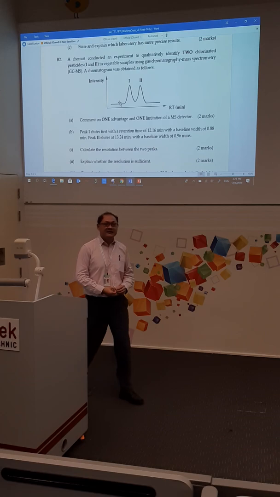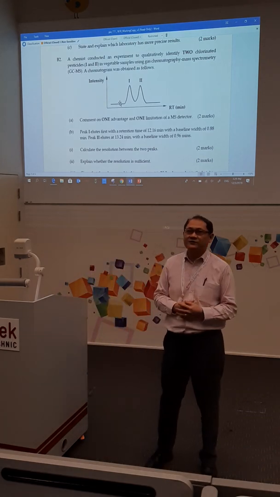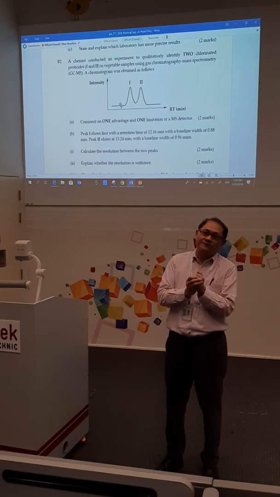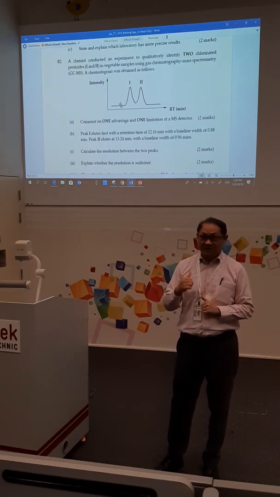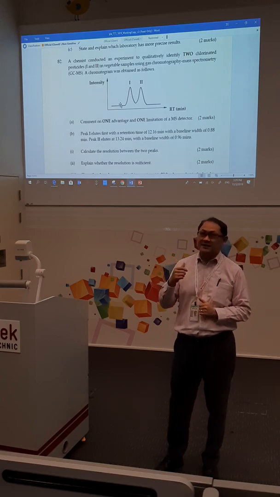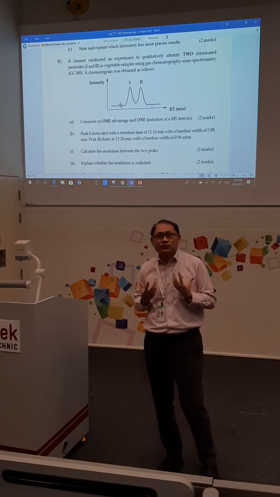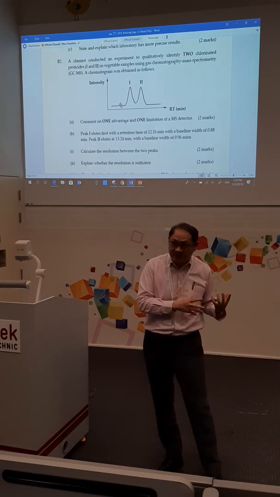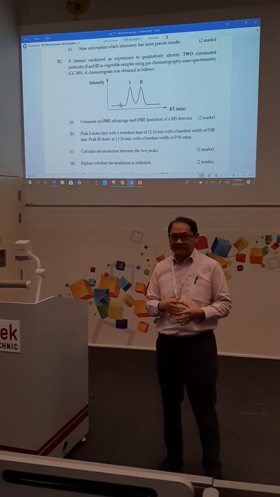You see, in the question, you are told that a particular type of instrument detector is used. For this question, the mass spectrometer is used. Then you need to be able to recall what is the advantage and what is the disadvantage of using this particular technique or detector.